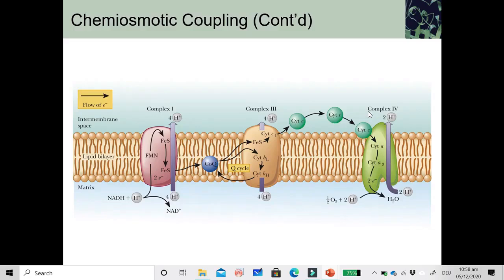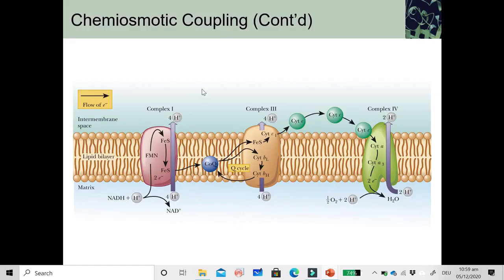All right? Now, you're going to ask yourselves, why then is the P to O ratio of FADH2 just 1.5? It's just 1.5 because FADH2 comes from complex 2, and complex 2 is somewhere here, right? First of all, complex 2 does not involve a transport of protons from the matrix to the intermembrane space.